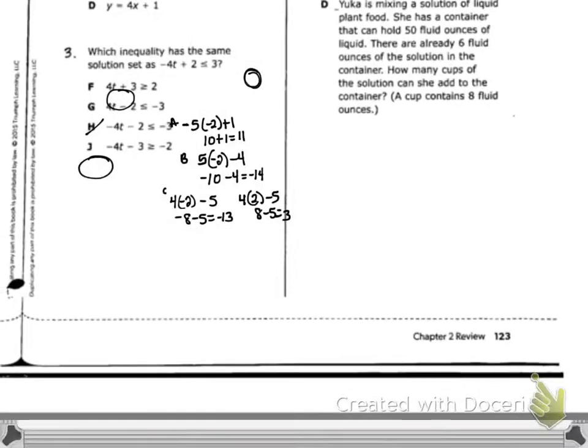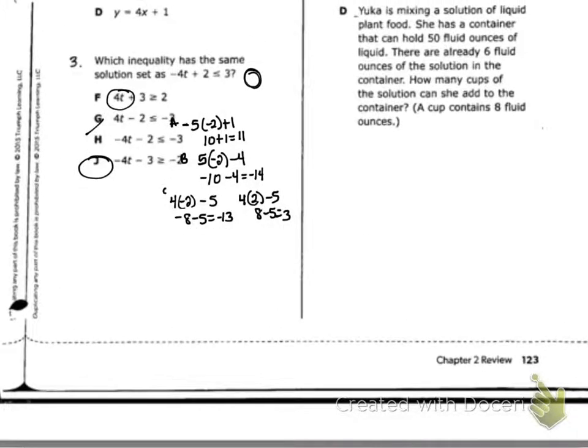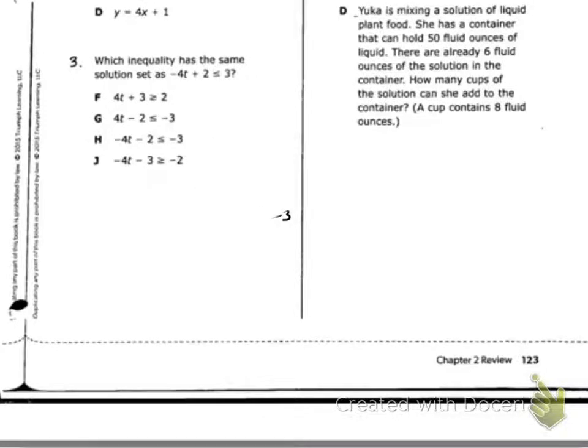Number 3. Which inequality has the same solution set as negative 4t plus 2 is less than or equal to 3? Alright, so the first thing I'm going to do is I'm going to solve the inequality that's given, then I'll go through the answer choices. So I'm going to subtract 2 from both sides because I want to get t by itself.